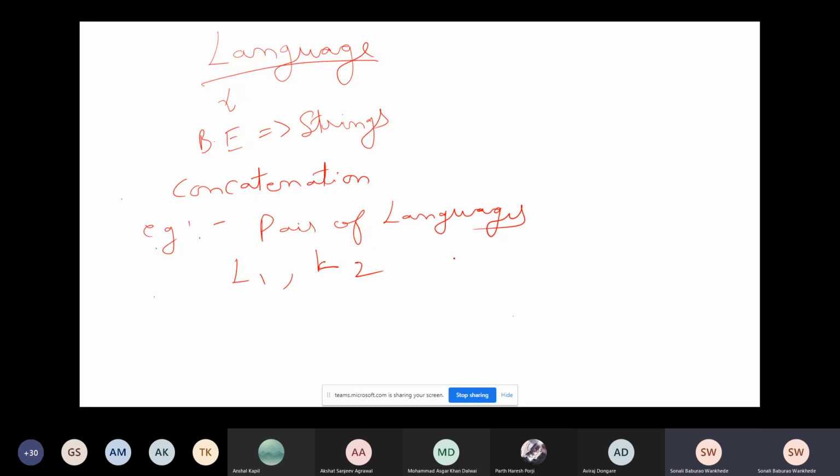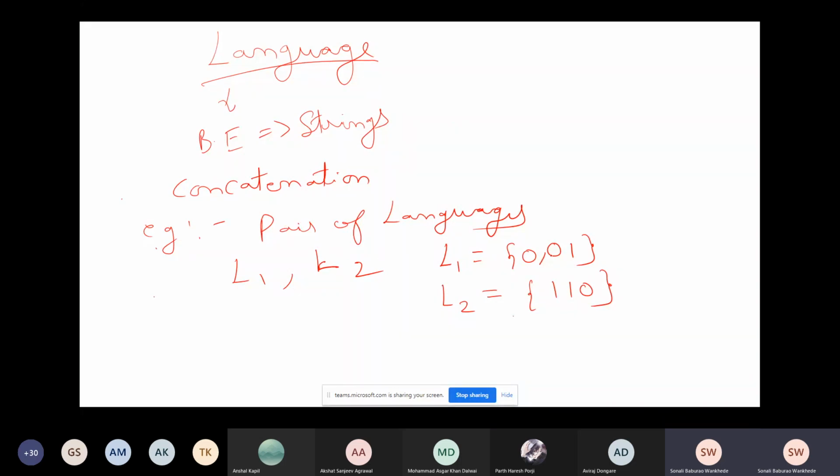L1 is given by 0, 01 and similarly L2 is given by 110. For concatenation, we have a pair of languages L1, L2.